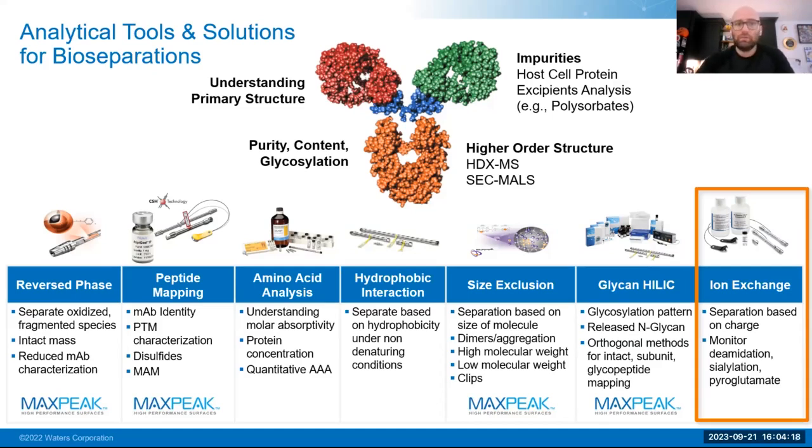And we're leveraging this and doing this by quite a bit of development on our end. Specifically with the initial release of the BioResolve strong cation exchange column, which will be the focus on this particular section.